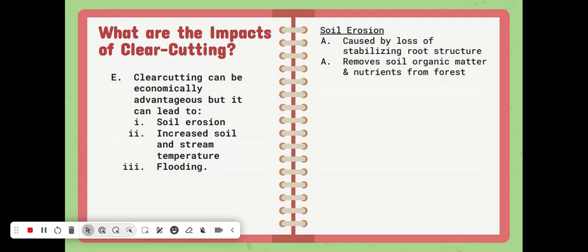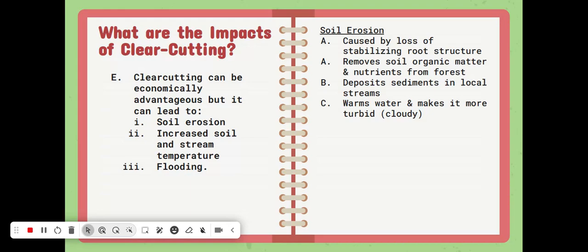Thinking back to Unit 4, we know that a loss of that topsoil, that A horizon, means we no longer have that stabilizing root structure, so all of those soil particles can be carried to someplace else. When that happens, that removes any organic matter and nutrients for that forest. In some cases, that sediment might even be deposited in local streams.